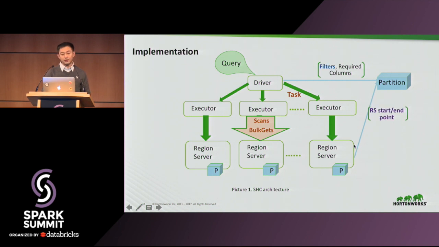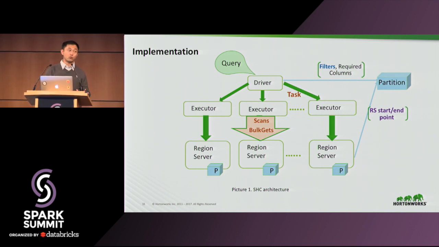The second thing is when we do some searching, for example, you have filters. We want to do filter pushdowns. Traditionally, other systems read all data from HBase, then translate the data into Spark's internal data types and do the filtering there. You can see that this way, you have to read all data from HBase, right? On the other hand, in our approach, we push the filter down into the HBase region servers.